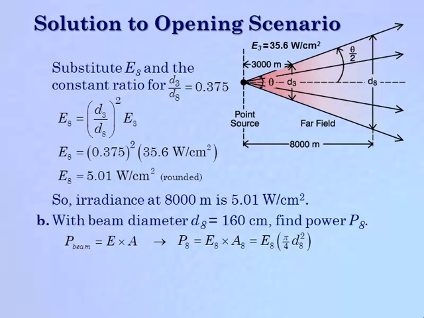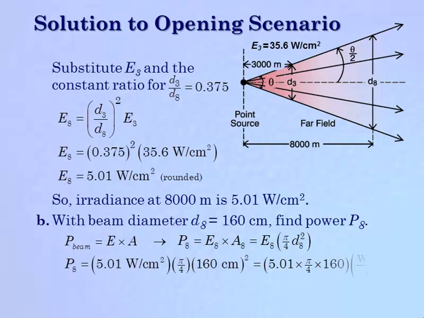We'll substitute in those values: 5.01 watts per centimeter squared, pi over 4 times 160 centimeters squared for the diameter. We'll group the numbers and the units, and the centimeters squared will cancel, and the result will be just watts. So we're left with 101,000 watts, better known as 0.1 megawatts.